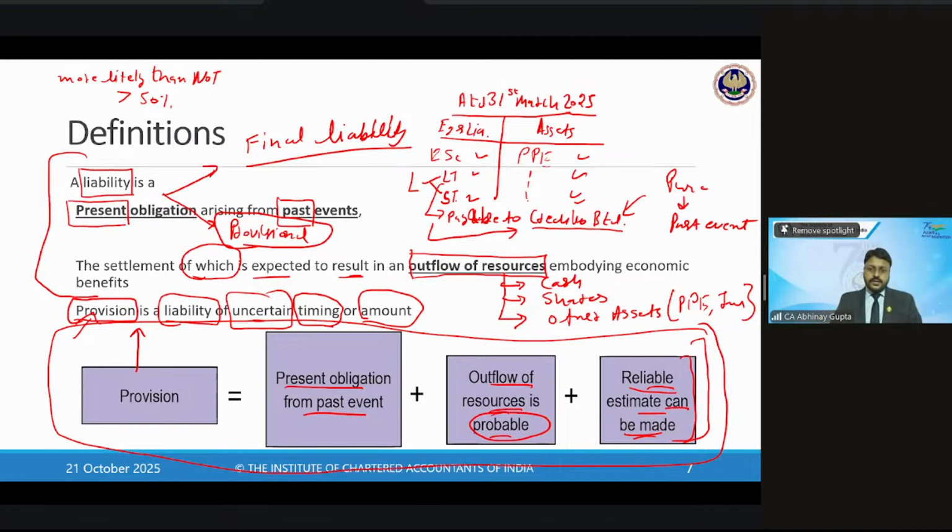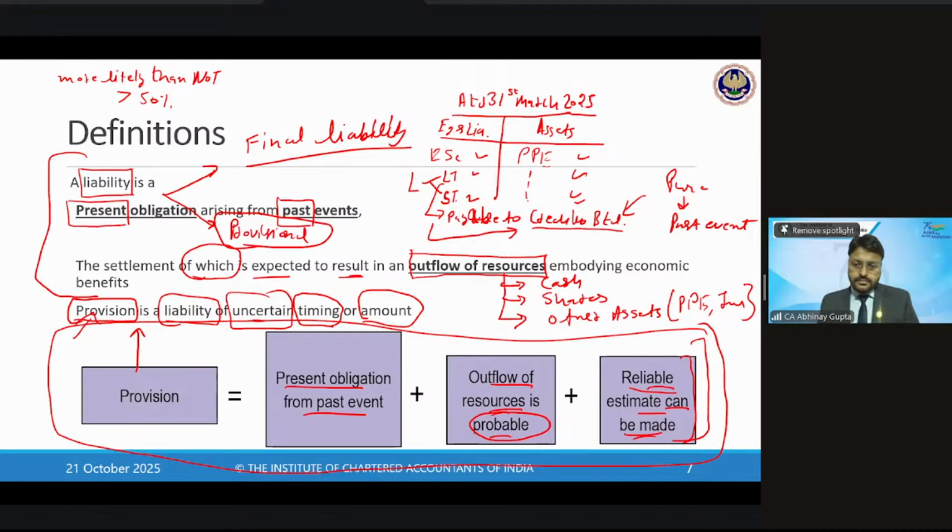So this is the general stand management gives. Now, on this basis, in terms of reliable estimate, management is not confident how to measure this. Now, by saying that we do not know how to measure this, can I escape from the recording of this liability?